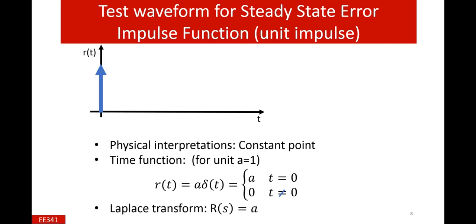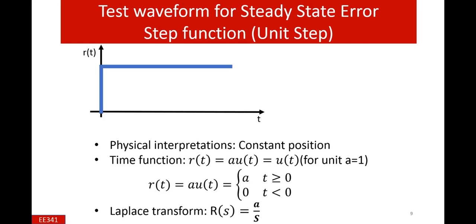Physically, it represents something present at a specific point in the time domain. Mathematically, this function exists when its argument is 0. If t is 0, then this function exists with the height of a, and otherwise it is 0. And similarly, the Laplace transform of this function is a.